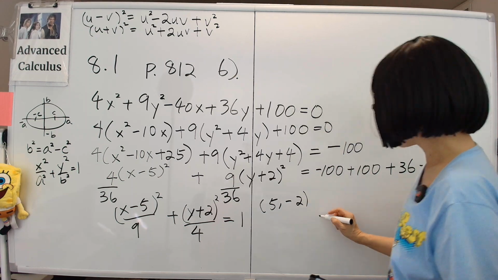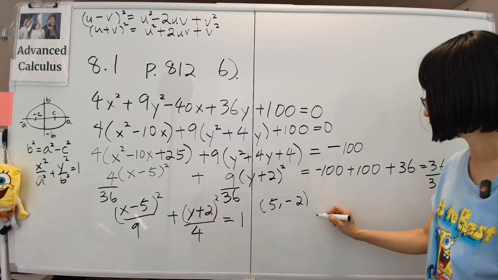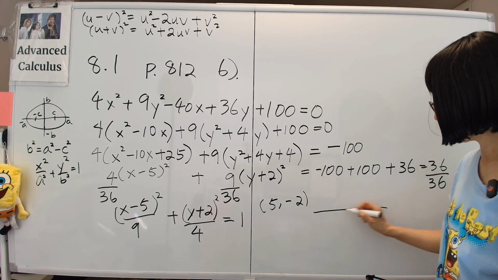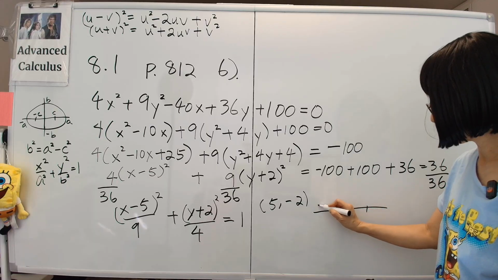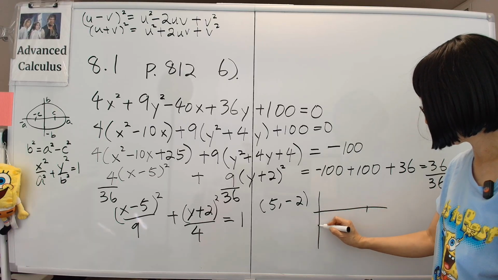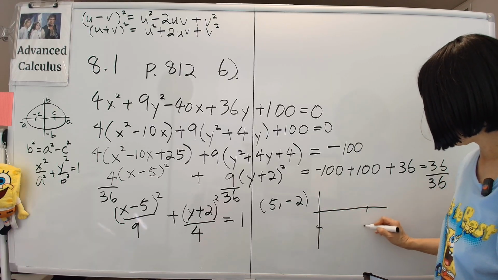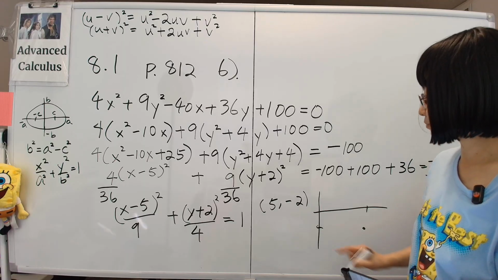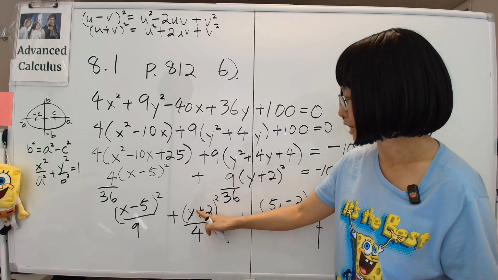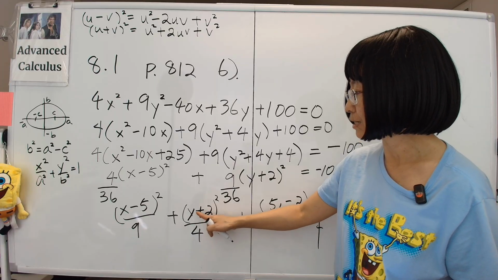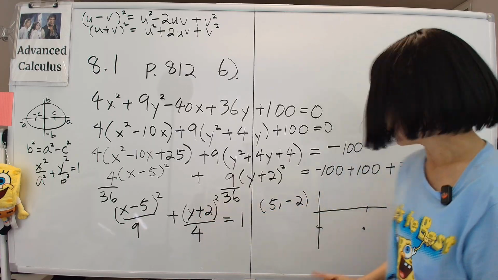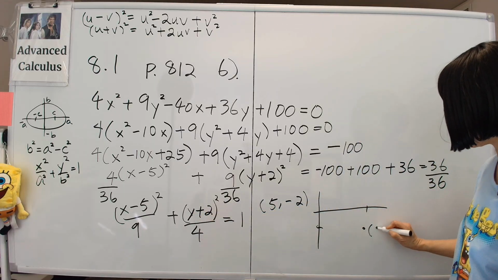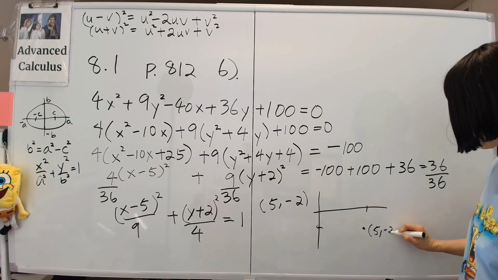And so let's graph it. Positive 5, negative 2 would be x is positive 5, y is negative 2, down here a little bit. This is the new center of the ellipse. Because remember, this has to be minus. So if it's a plus, it's y minus negative 2. So the center is located at positive 5 and negative 2.